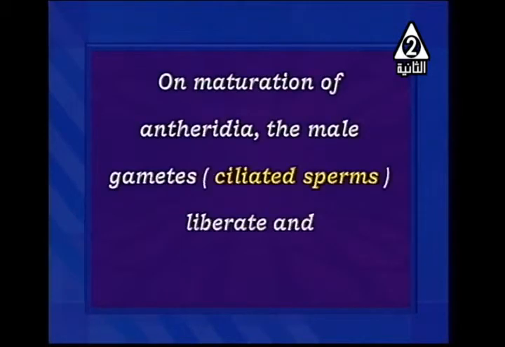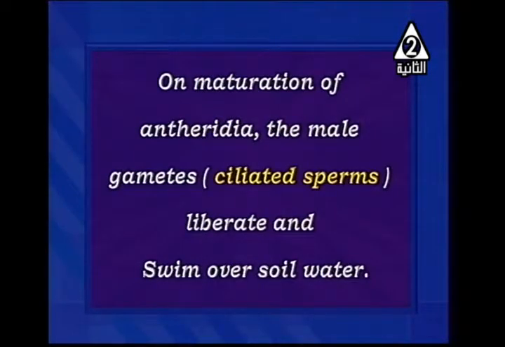On maturation of antheridia and archegonia, they are well prepared for mating, or sexual reproduction. The male gametes, ciliated sperms, are liberated and swim over soil water, reaching for what? They need to reach the female gamete. Excellent.